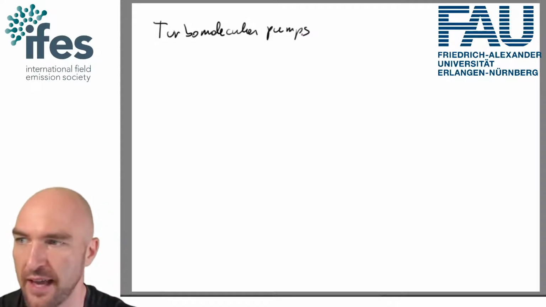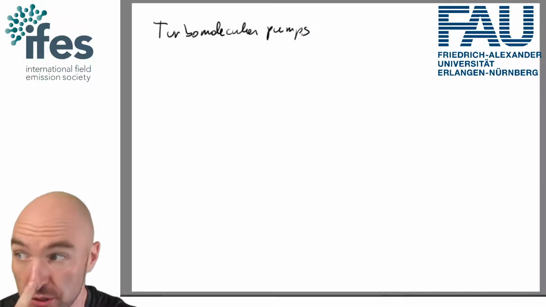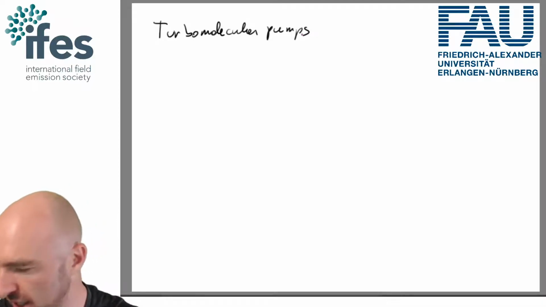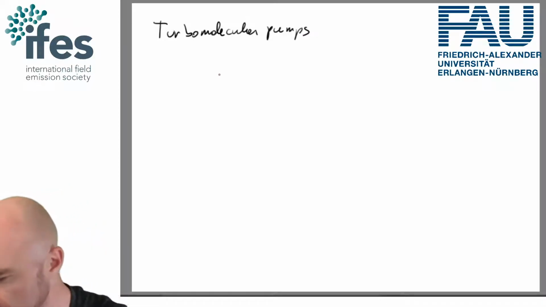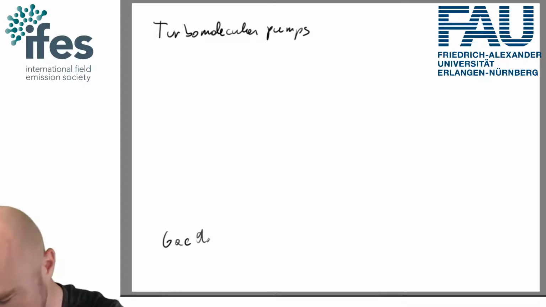But the actual shape of the pump might suggest that there's some fluid dynamics going on. It is not. Okay. So these pumps are fully kinetic, and if you look at the very, very early pumps, they looked pretty funny. So the patent was from someone called Gaede in 1913.